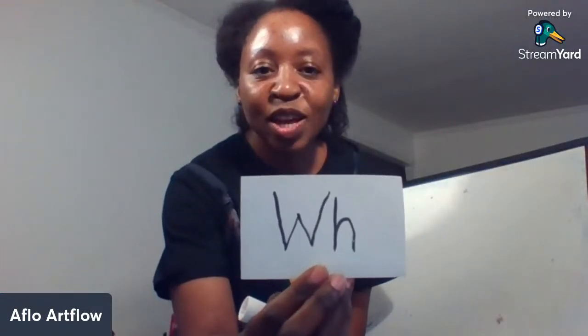What sound do these two letters have? Wah, wah, wah, the wah sound. What two letters have the suffix, meaning the last two letters in the word, the suffix er? How do you spell the suffix er?